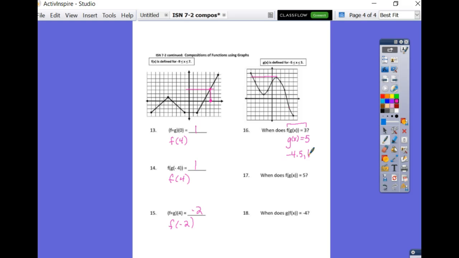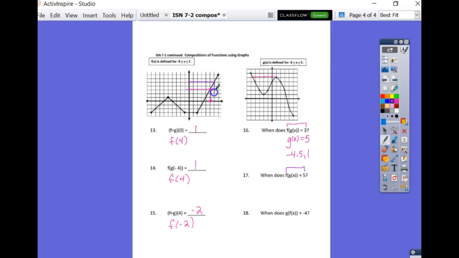Okay, so let's do another one. So this time, the output on the f graph is 5. So find the y is 5. 1, 2, 3, 4, 5.